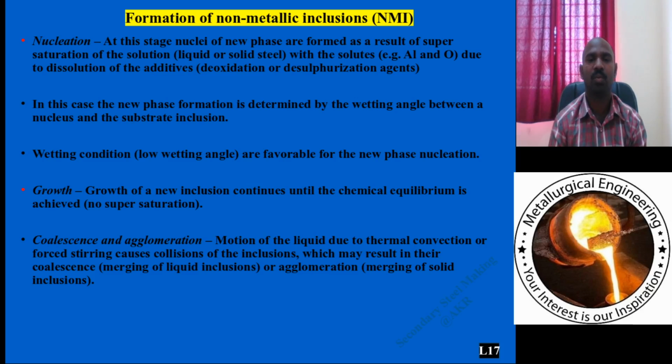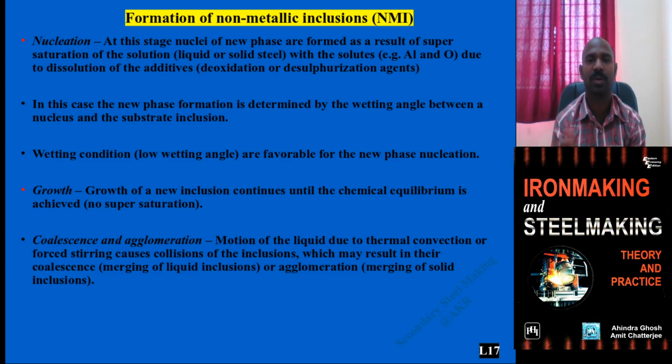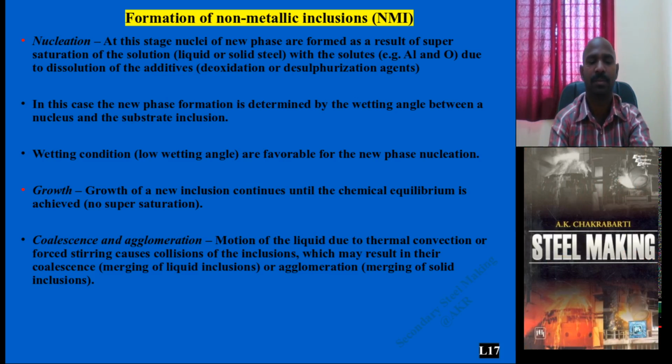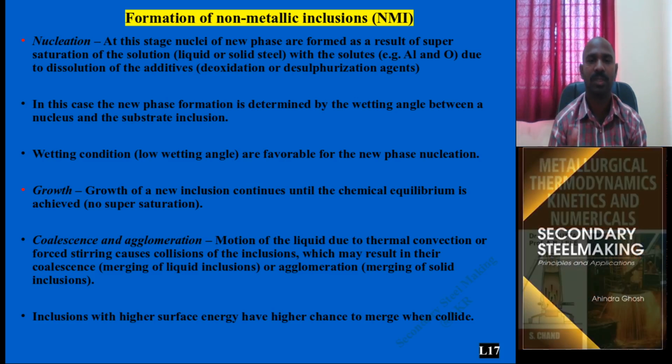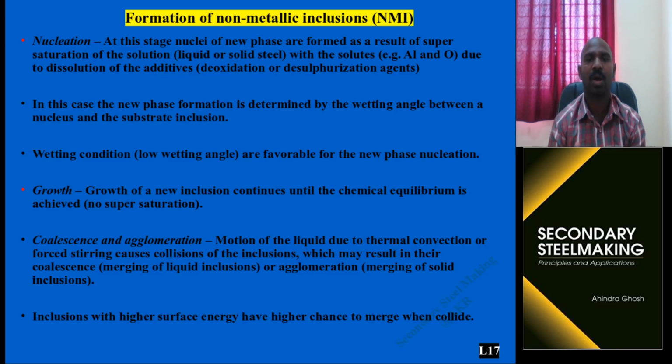Those agglomerates further grow. So if you allow them to float up in the tundish stage, or modify irregular inclusions into a spherical shape, you can remove those inclusions to a larger extent. If the surface energy is higher, there is a high chance of these inclusions coming together.